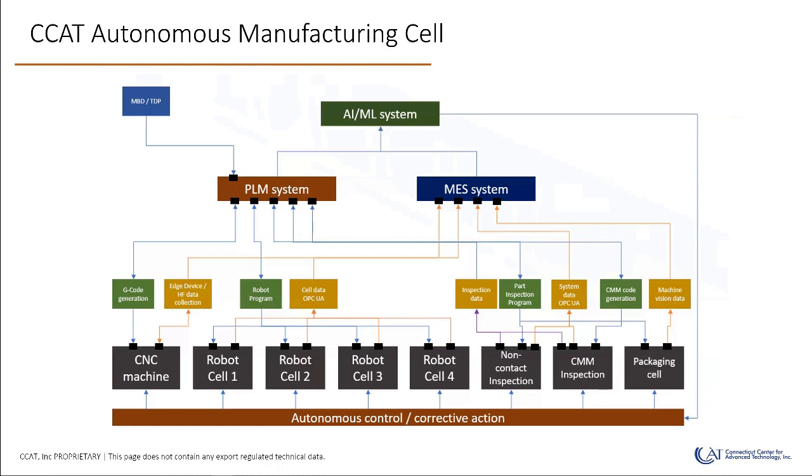And then above that, we're going to have an overarching AI ML system that's going to be importing or streaming data from the MES and PLM system into it, so we can generate a model and continuously retrain that model, periodically, to then apply, if you look at the bottom, to the autonomous control corrective action that feeds into the CNC machine and each of the robot cells and the inspection equipment.